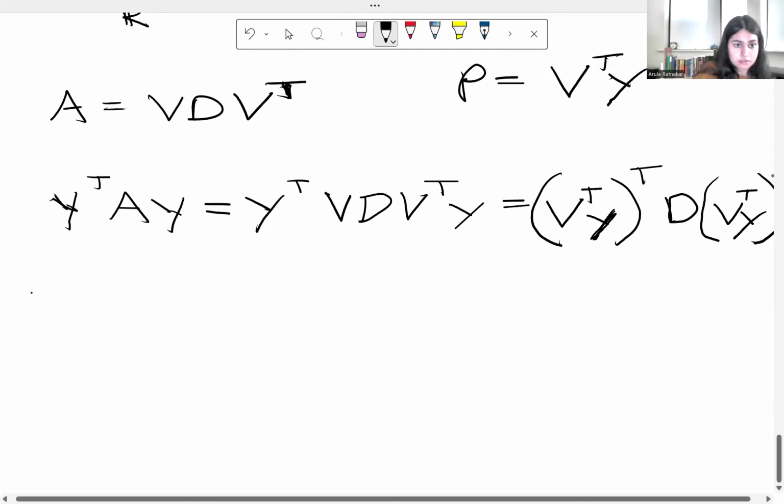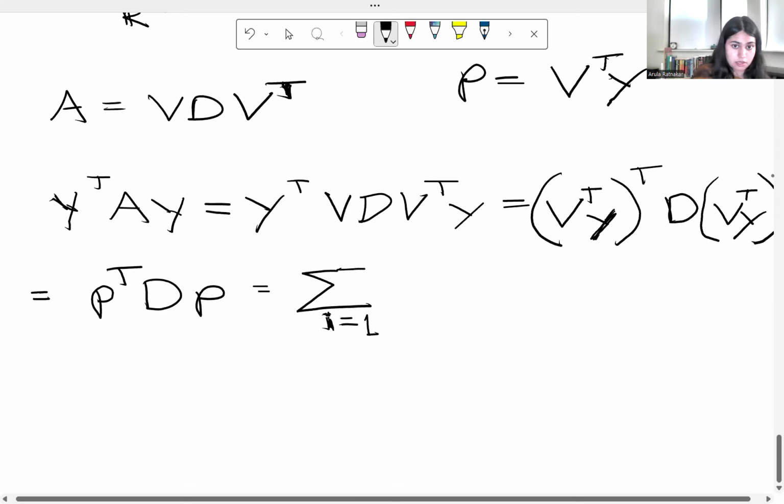So this basically equals P transpose D P. And if we actually evaluate this, it's equal to the sum from i equals 1 to n of d_i p_i squared.